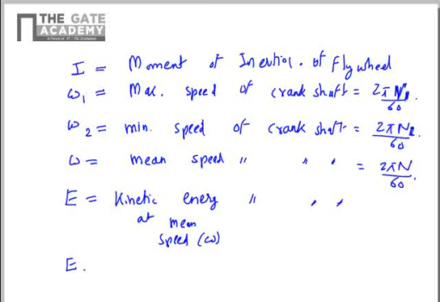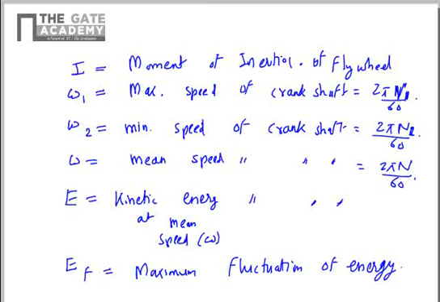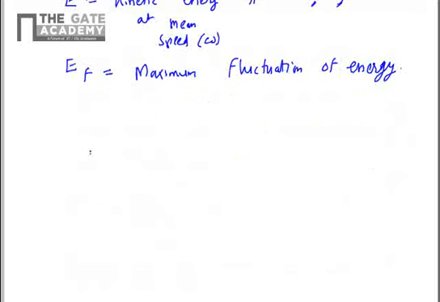Then we have EF as the maximum fluctuation of energy. It will come from the turning moment diagram that we have described just now, and usually it will be a given quantity, because calculation requires a lot of detailed insight into the subject of the turning moment diagram.